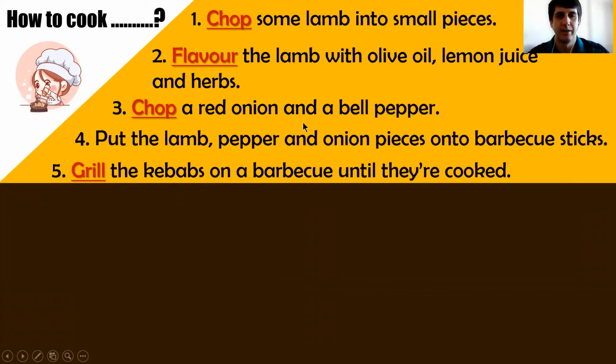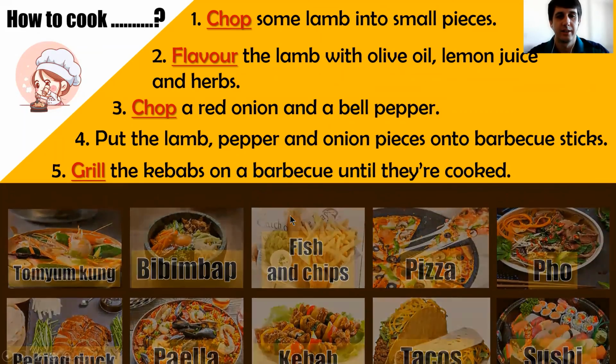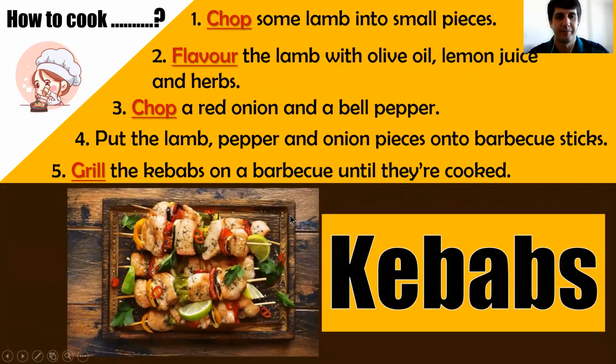There's a big clue here what food it is. Of course, kebabs, there we can see. Now these ones are lamb, but sometimes you could have chicken or beef or pork. Okay. They're very delicious. Okay, so that's a recipe for kebabs.